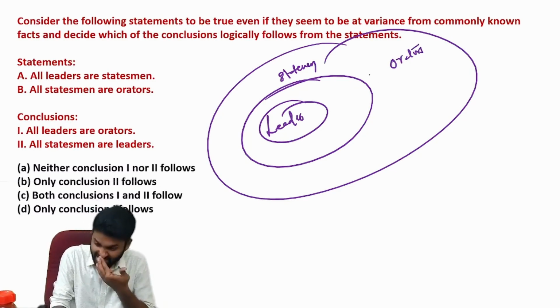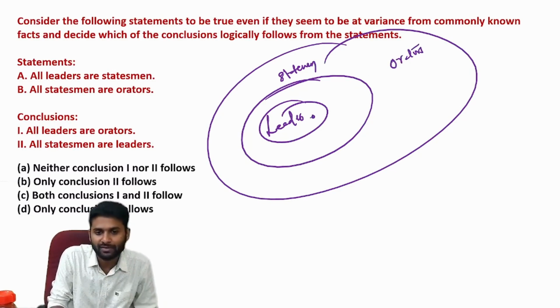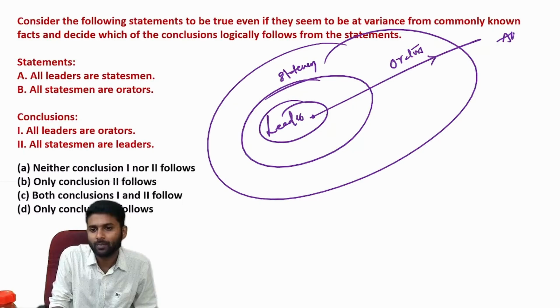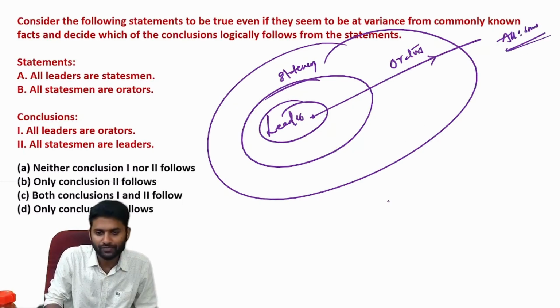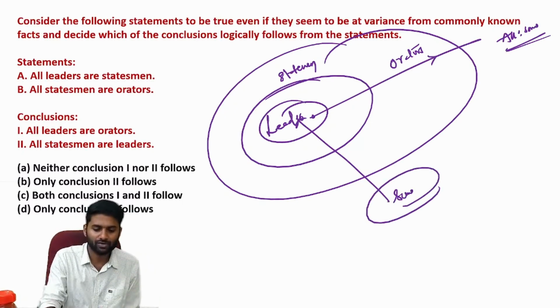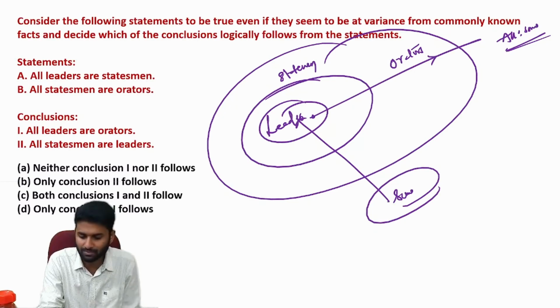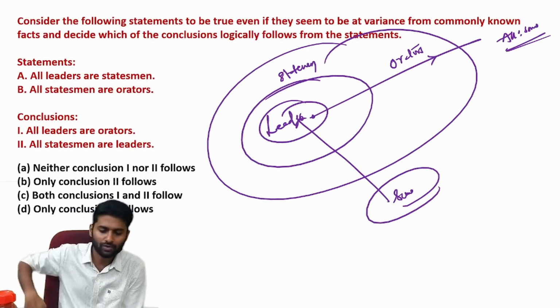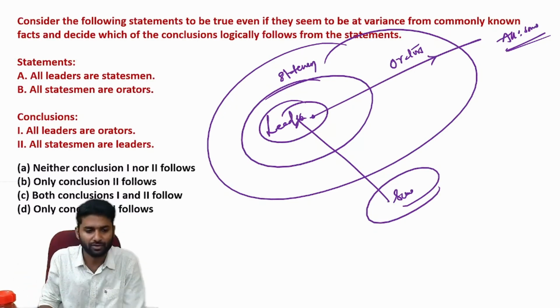Guys, I told you many times, if any comparison goes from inside to outside, both all and some conclusions are possible. If anything goes inside, only some conclusions are possible.